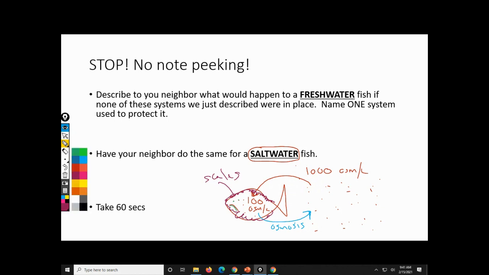Chloride cells, good. If I were to put chloride cells on, I meant to put that in a different color. Yellow it is. Are my chloride cells going to absorb salt or excrete salt?